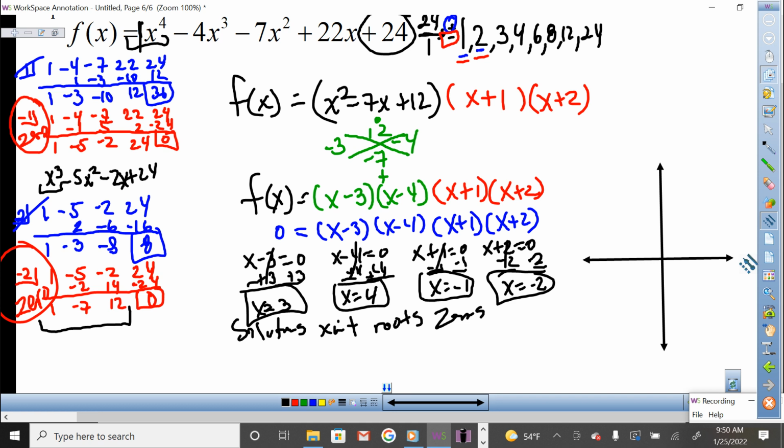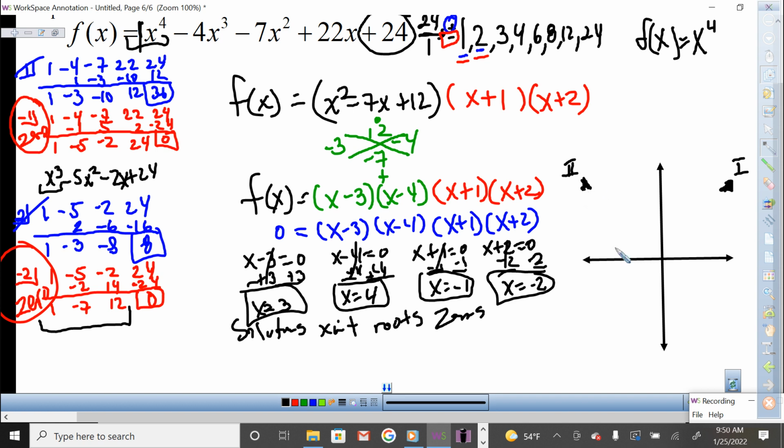Tell your neighbor. 4. So possible parent function is f of x equals x to the 4th, yes? So where am I going to start and where do I end? Second quadrant, and I end in the first quadrant. So that means I have an arrow somewhere over here and an arrow somewhere over here.